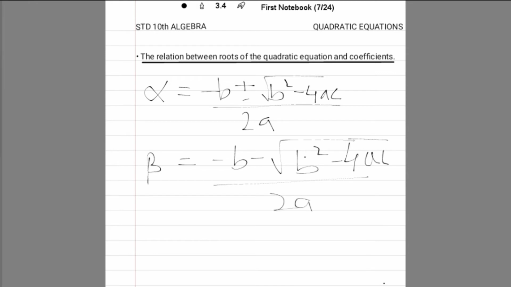So we have these two roots: minus b plus root of b square minus 4ac upon 2a, and minus b minus root of b square minus 4ac upon 2a.